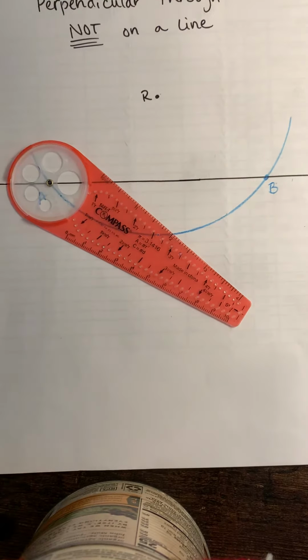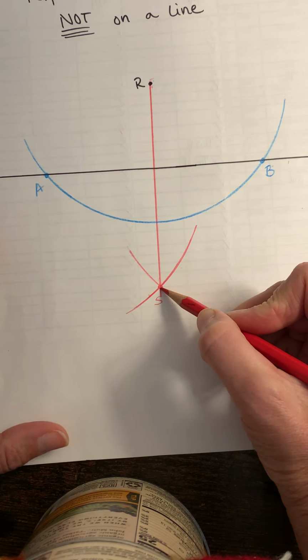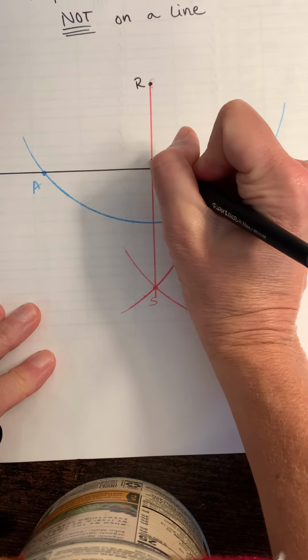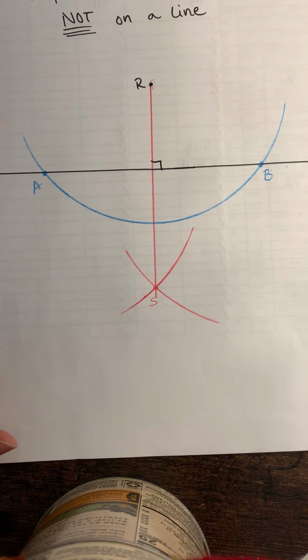And then take your compass, if it's big enough to make a segment, or use a ruler, and you're going to draw connecting point R and point S. So for our notation here, well, first of all, I need to put in my mark showing that those are perpendicular.